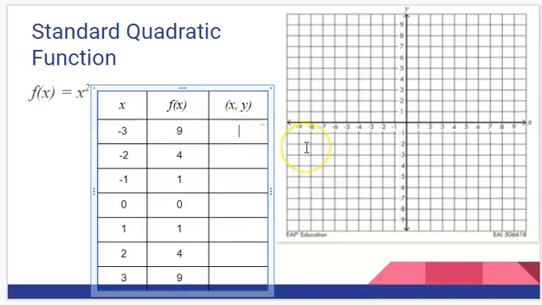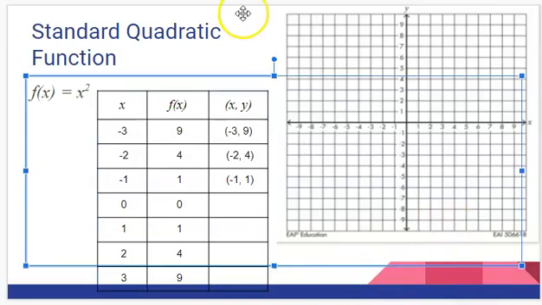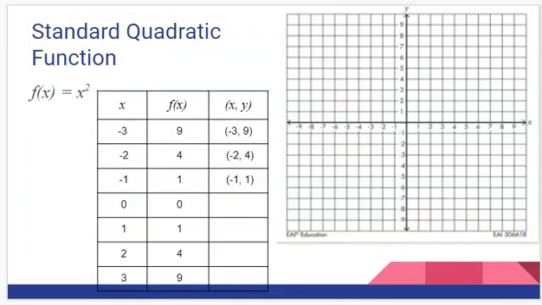So now we just write these as coordinates. Go ahead and write them. I'm going to do a couple of them. You could finish the rest on your notebook paper where you are taking your notes. And now let's graph them. We'll take a moment to graph those points. So we start at (-3, 9).